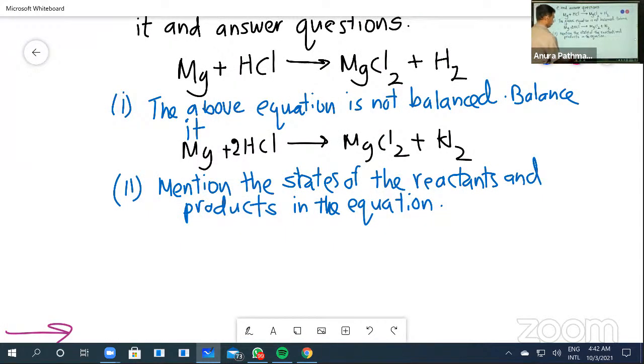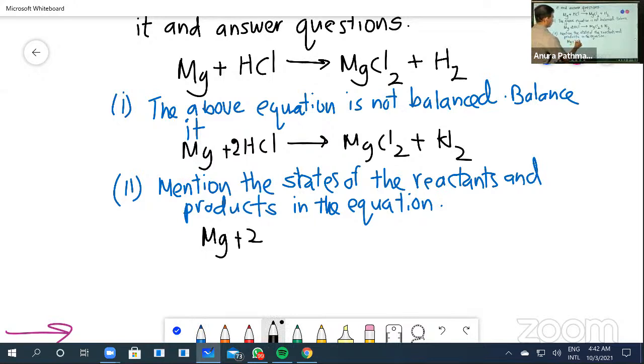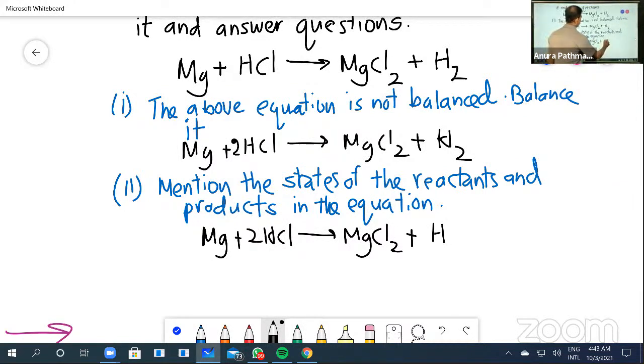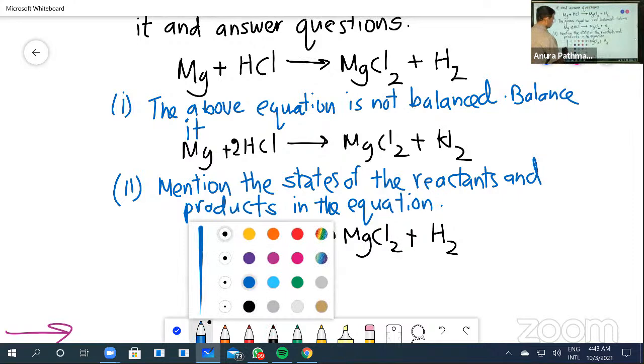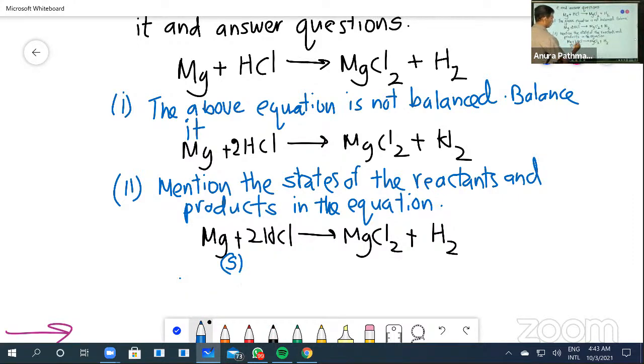Magnesium. Now, what does it mean? You have magnesium, 2 hydrochloric acid, magnesium chloride, hydrogen gas. So hydrogen gas, magnesium solid. You consider solid.